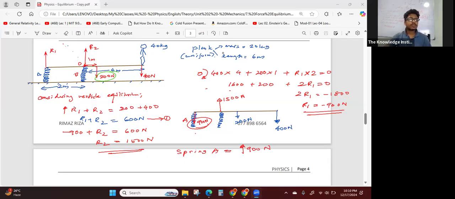At the beginning it's 400 into 4, I mean here. Here I'm considering the clockwise movement. The weight of the boy is 400, it is also clockwise. This one also clockwise, and this one also clockwise. So all plus there.